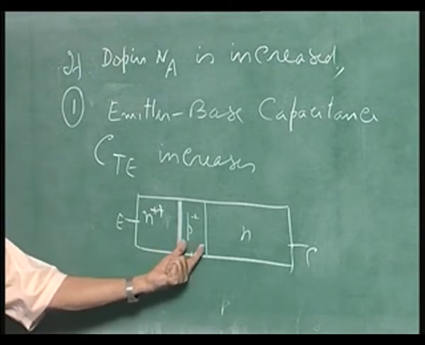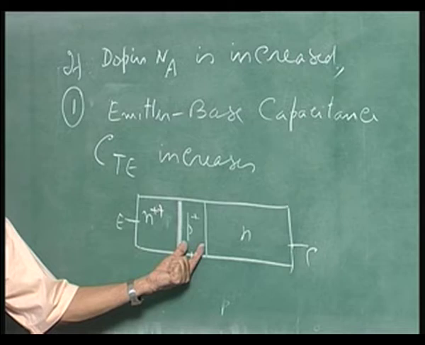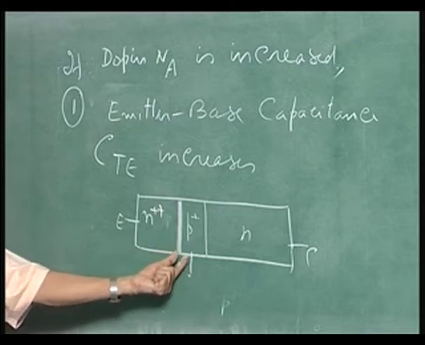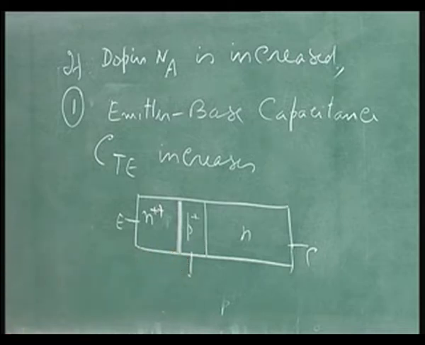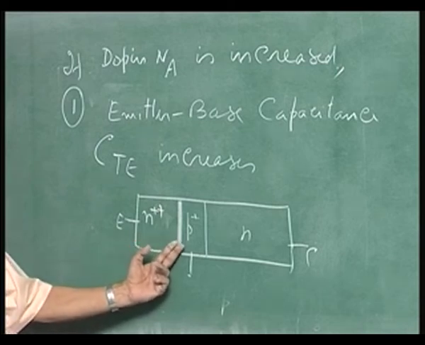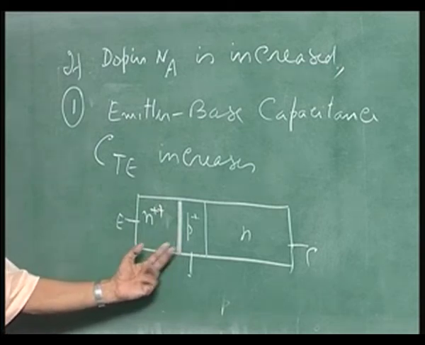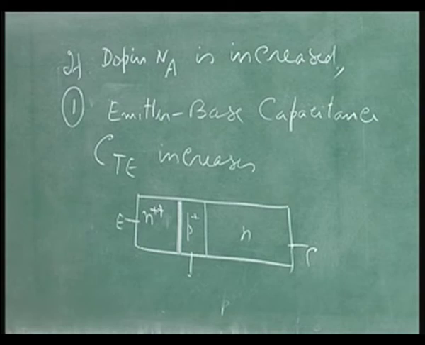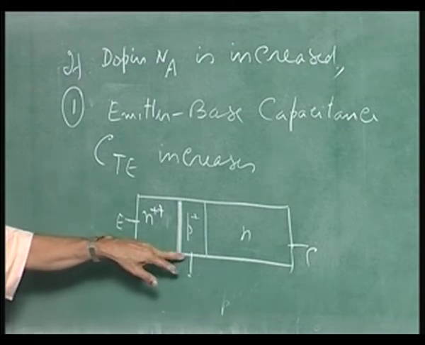So, you would have reduced the base transit time, but you have increased the time required to charge this capacitor. So, you can talk of that as a transit time through this charging time required. So, your cutoff frequency will come down because this will go up.